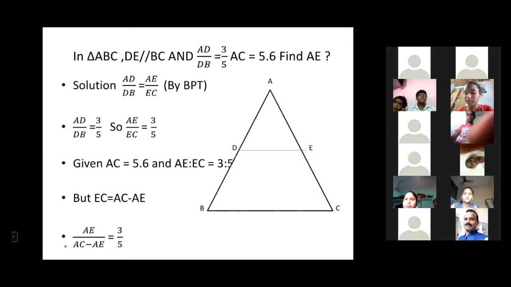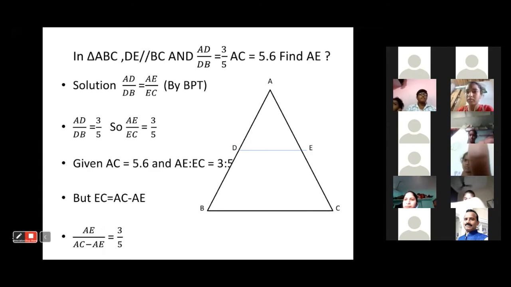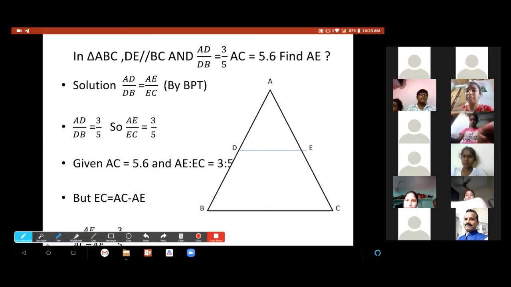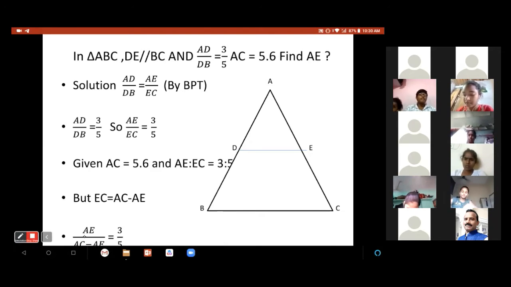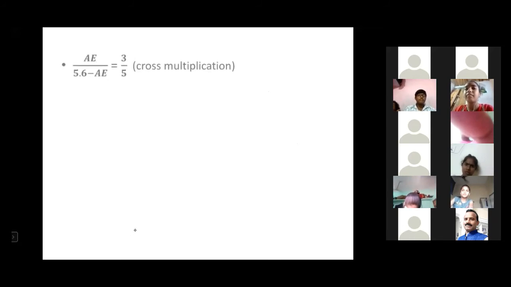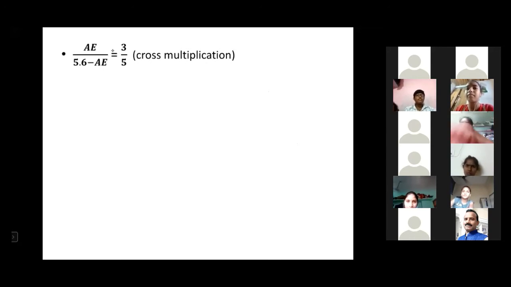Now cross multiply this. What do you get by cross multiplying? AE into 5 is equal to 3 into AC. Again I write the same ratio: AE by, AC value 5.6 minus AE unknown value, is equal to 3 by 5.